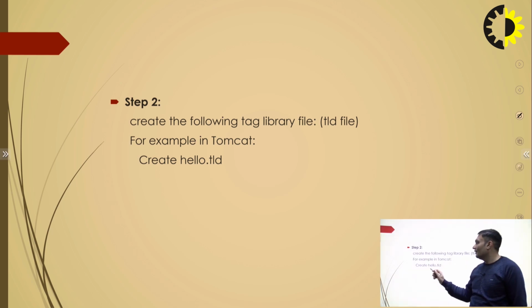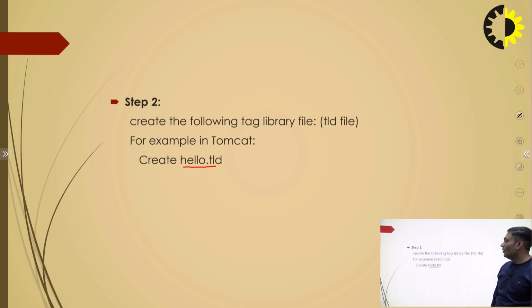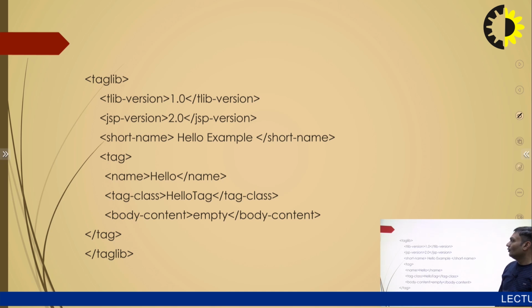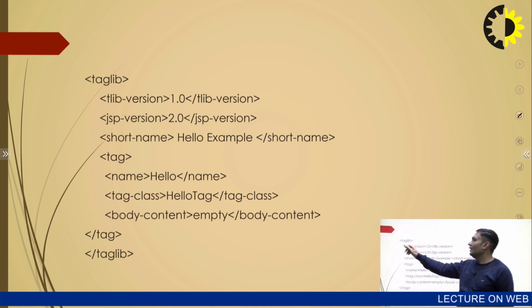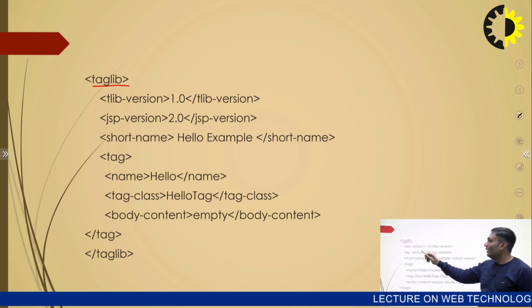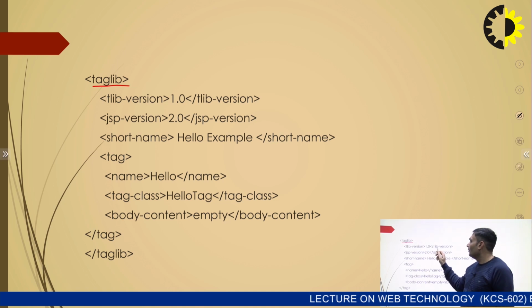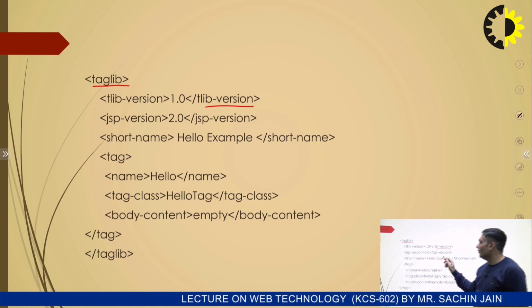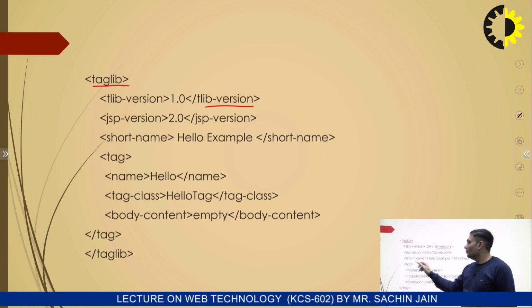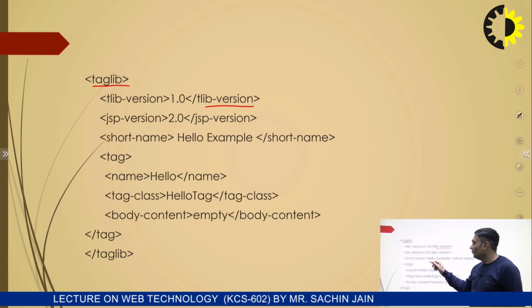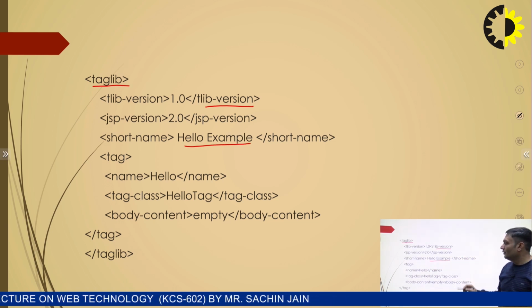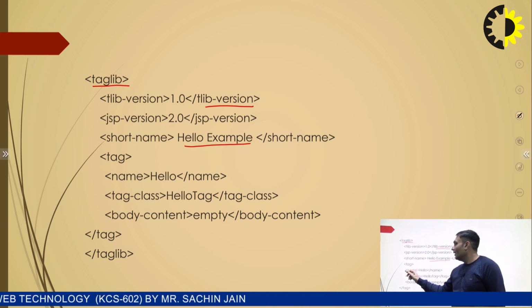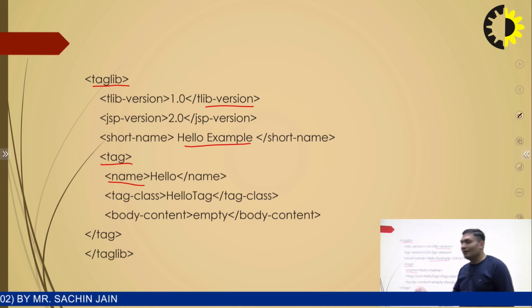So for example, we want to create a hello tag, hello.tld. So what we need to do, we need to write taglib version 1.0, where this tag is closed, JSP version 2.0, this JSP version is closed, short name, if you want to give some short name, then we can write this, and the tag library descriptor name will be written inside the tag.